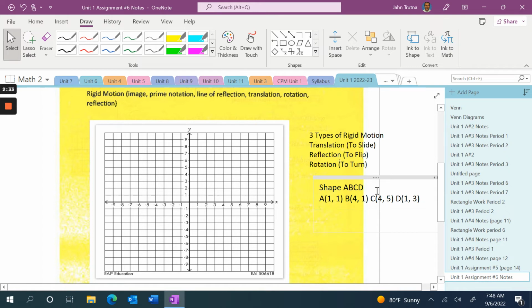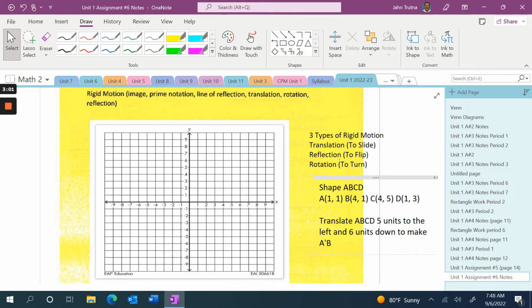So the first thing we're going to do is we're going to translate ABCD 5 units to the left and 6 units down to make A prime, B prime, C prime, D prime.